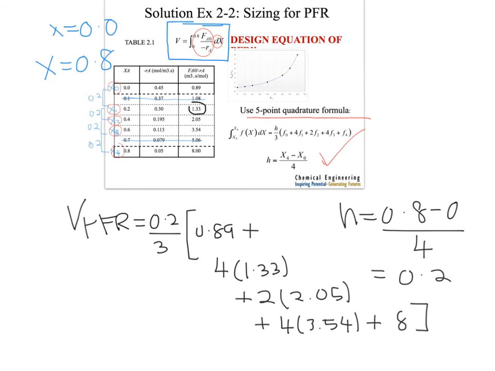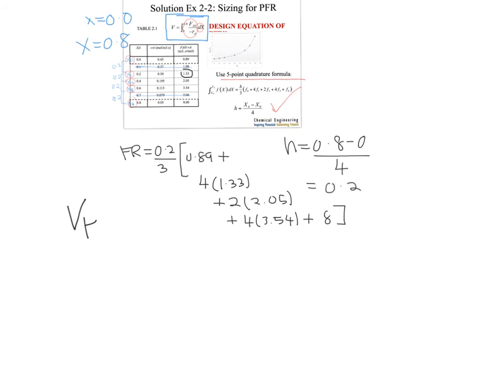Okay, so your V_PFR will be equal to, use your calculator, you will get 2.165 meter cube.